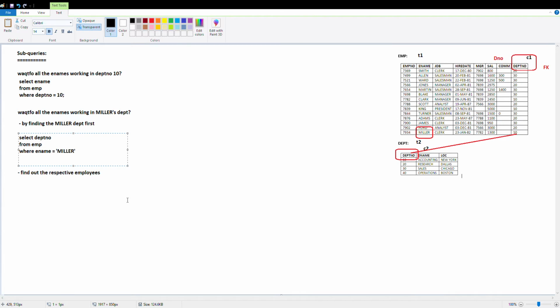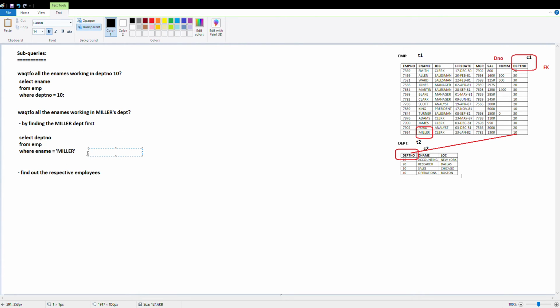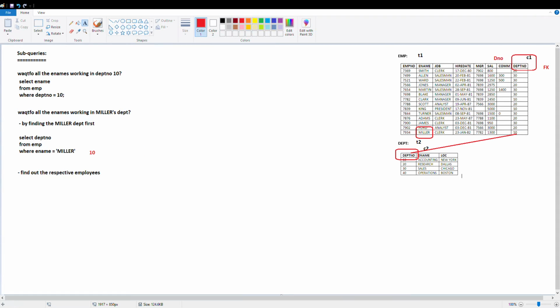The moment I run this query, what result am I going to get? The result is 10. Why am I getting 10? Because if you look at Miller, he is working in department number 10.